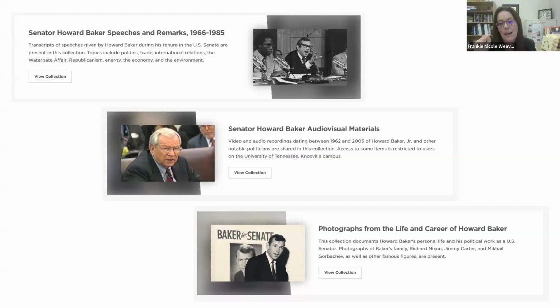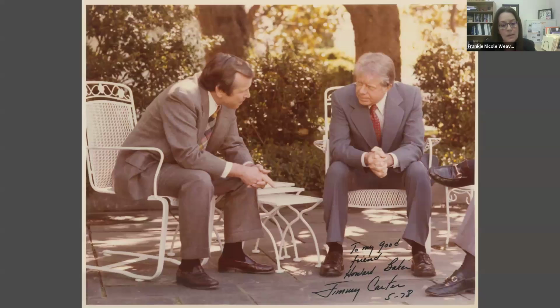He was involved on the Senate floor, he was chief of staff, and he was ambassador to Japan, and he documented it himself with these wonderful photographs. So the collections of photographs are excellent, and I think students would have fun sharing them.